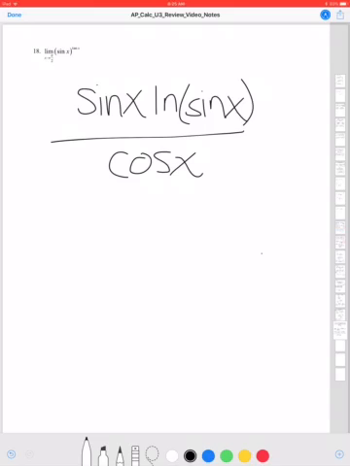All right, the derivative of the top, we got to use product rule and chain rule. The sine is going to be first, natural log is going to be second.